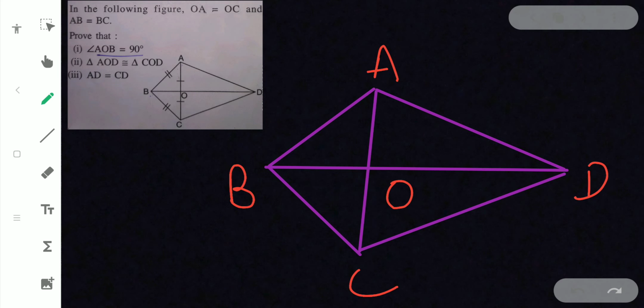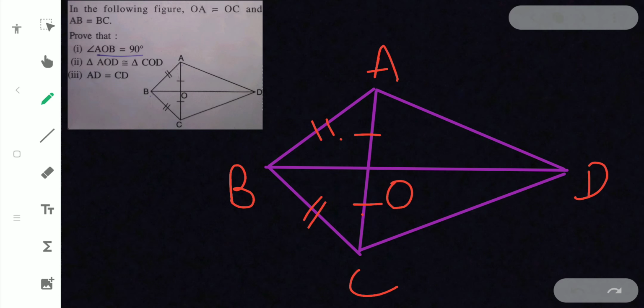And we are having this line, from here it is drawn. Now let us name this A, B, O, C and D. Now here it is given OA is equal to OC and AB is equal to BC.